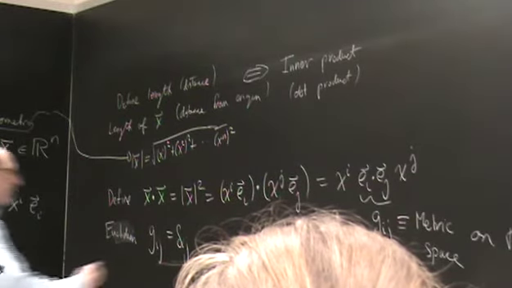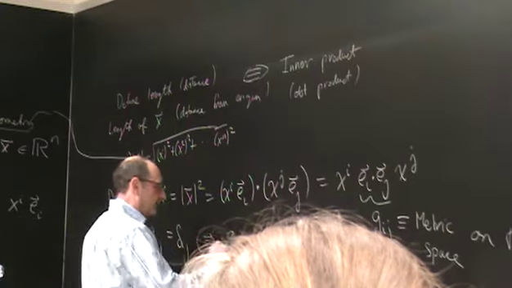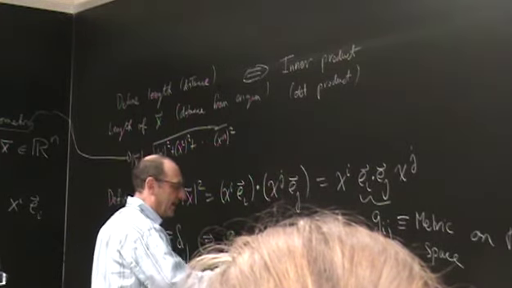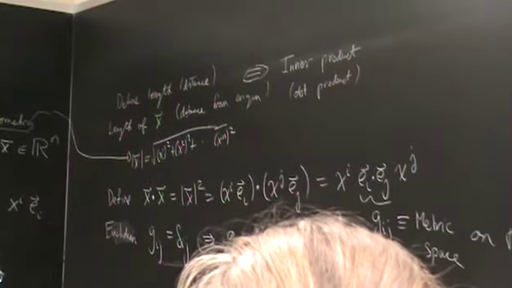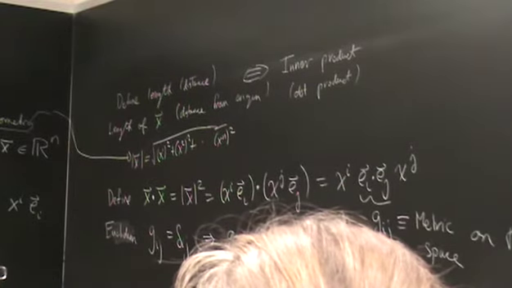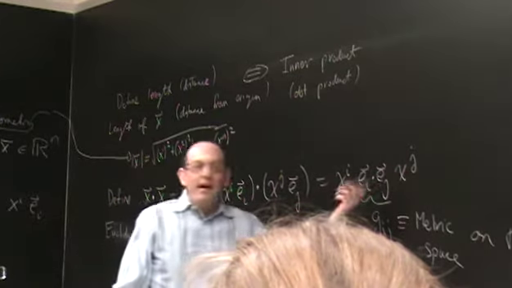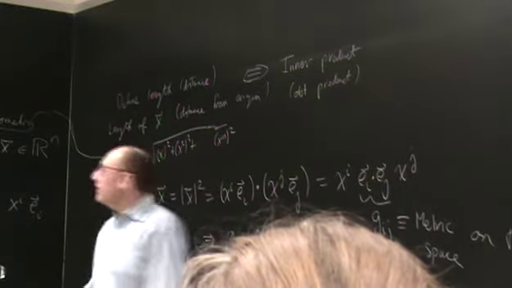In other words, the matrix is the identity matrix. We didn't need to introduce a new concept called metric. It was the dot product, these are orthogonal vectors.